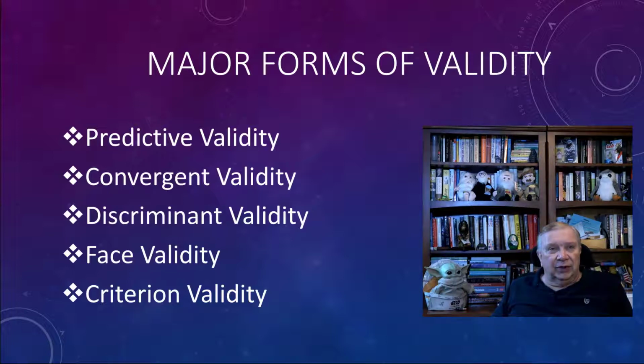Now, discriminant validity is just the opposite of convergent validity. If I have two scales that measure two very different notions, they should not correlate. So, for example, Eysenck in his model of personality believes that neuroticism is a construct that is not related to extroversion.